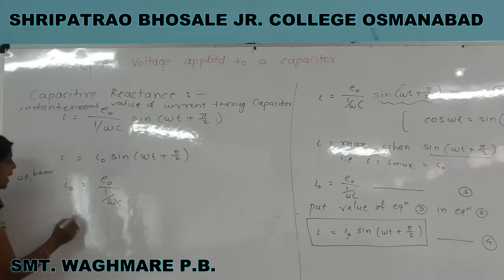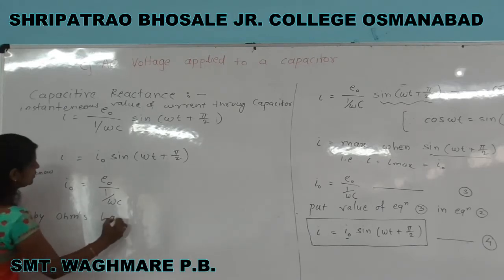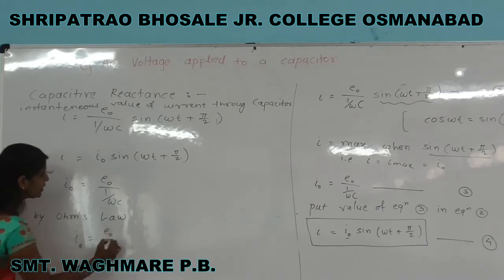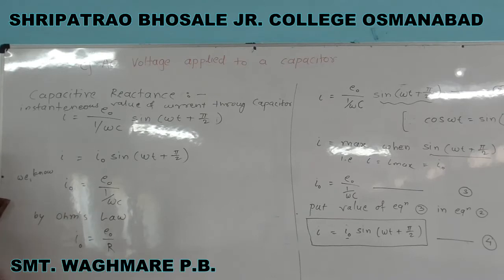And by Ohm's law we know I naught is equal to E naught upon R. Comparing these two equations, then this resistance R is equal to 1 upon omega c.